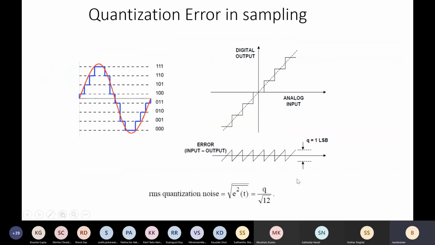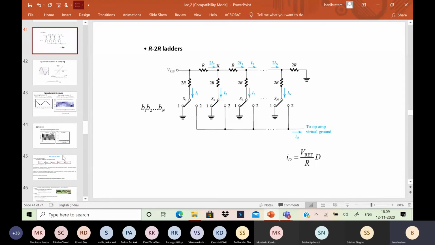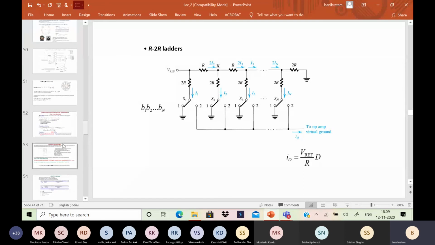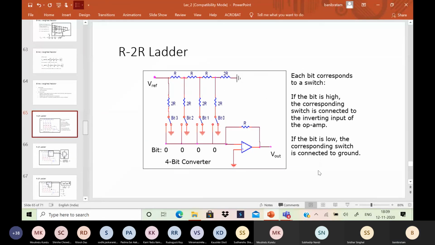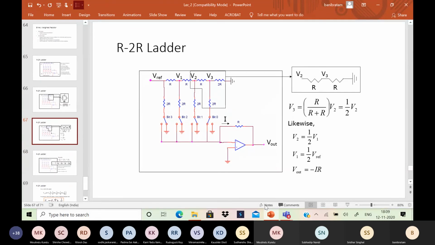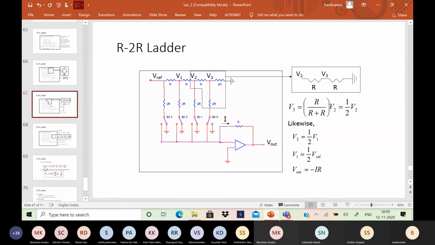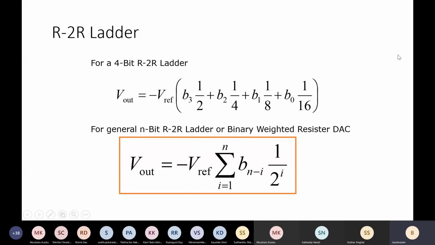No question? Sir, in the last one, how is that multiplication by two going on? Yeah. So if you want to see the details, here you can see this.